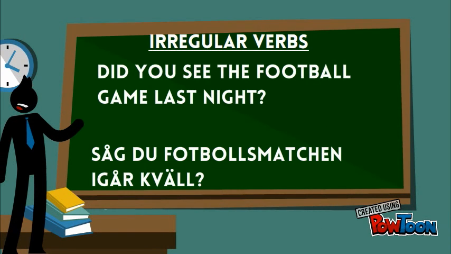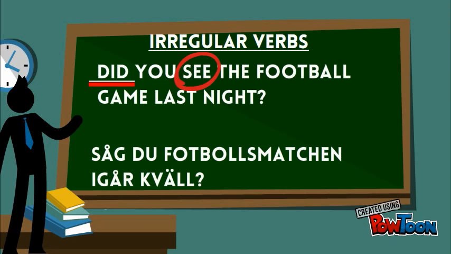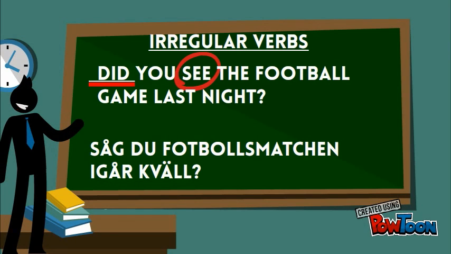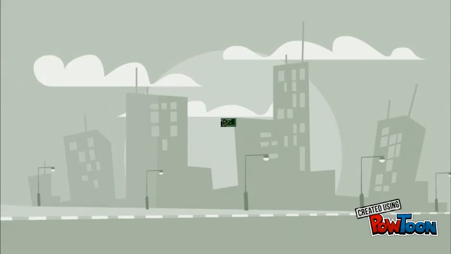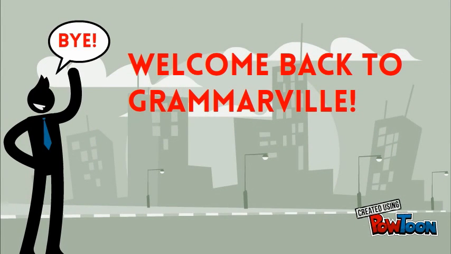In English, the verb see is in the infinitive because of the marker did. But in Swedish, we use the simple past, såg. So be careful and make sure that you do not fall into any translation traps.